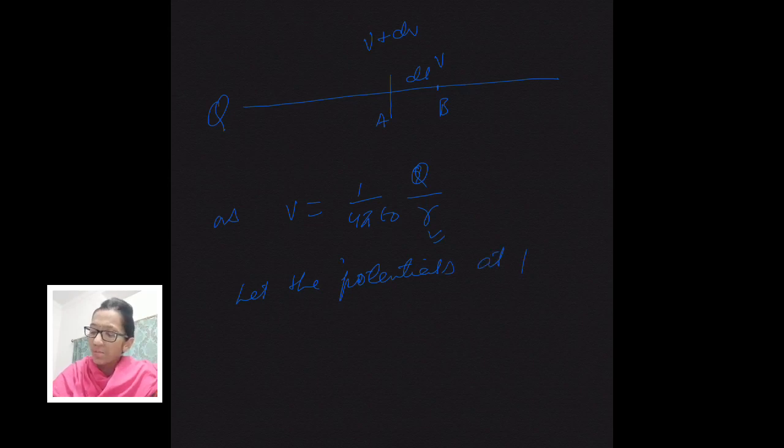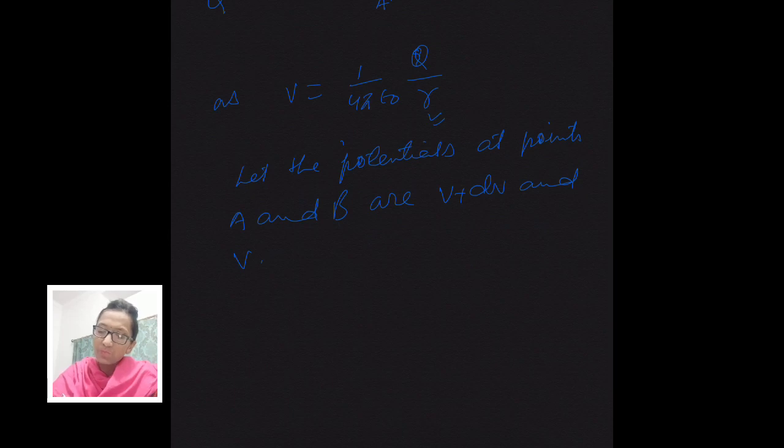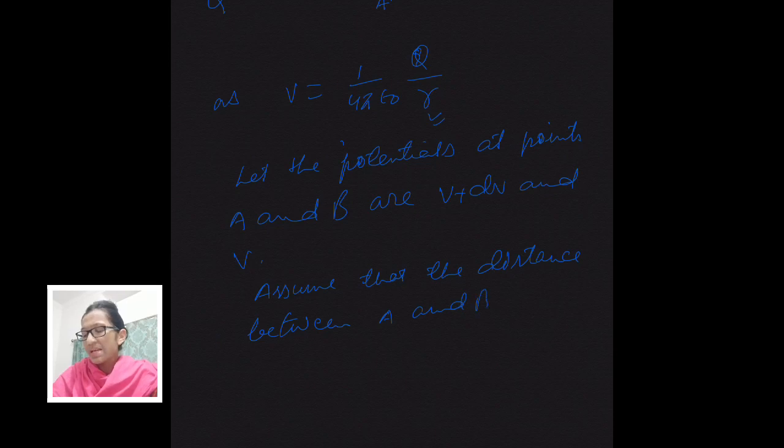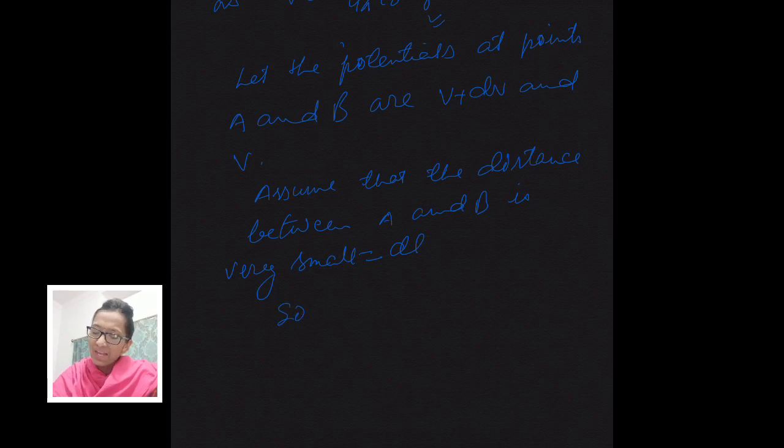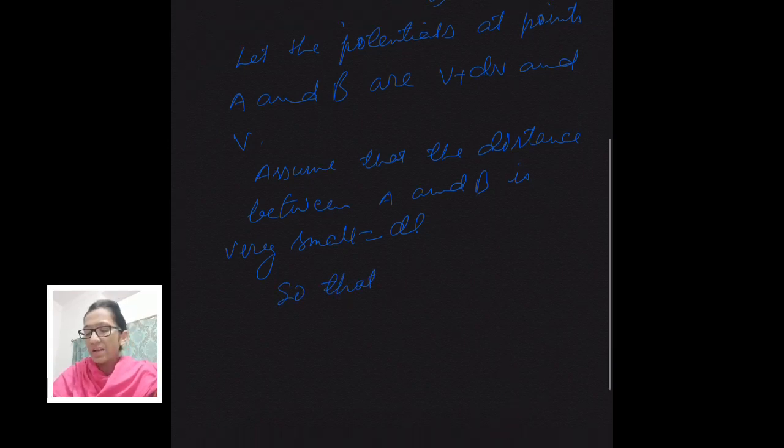Now we assume the distance between A and B is very small, equal to dl, so that the electric field remains almost the same.